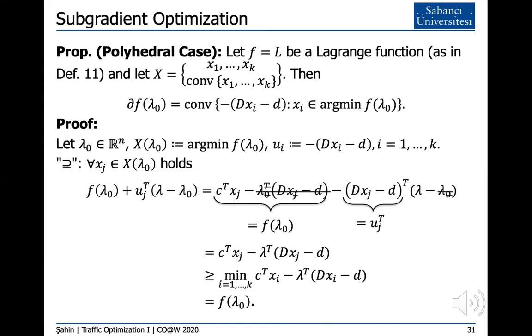Well, we can simply calculate that. We insert for function f, and for u_j, simplify, and then obtain the affine function associated with the tight solution x_j. This clearly overestimates the Lagrange function, which is the minimum over all affine functions.